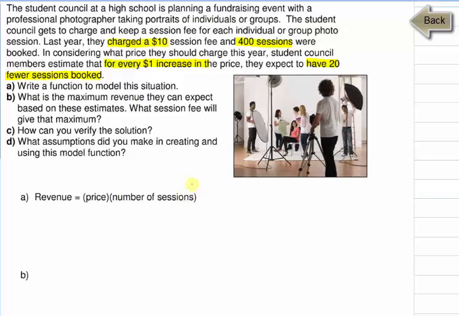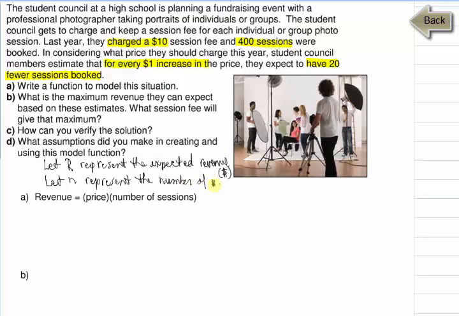So in determining our let statements, I'm going to let R represent the expected revenue in dollars, and I'm going to let N represent the number of $1 increases.